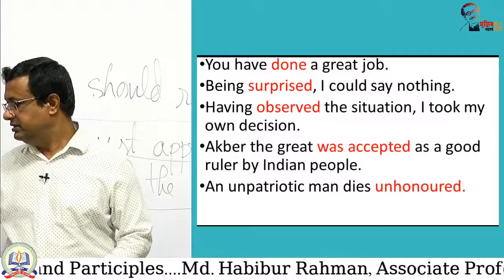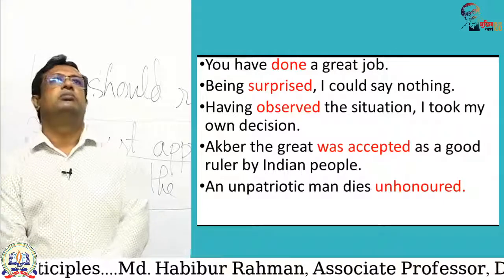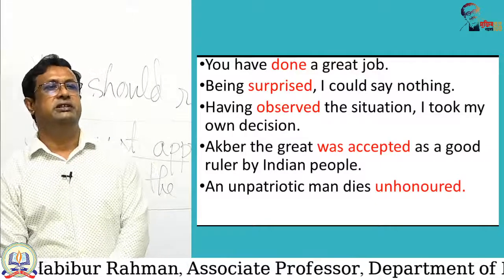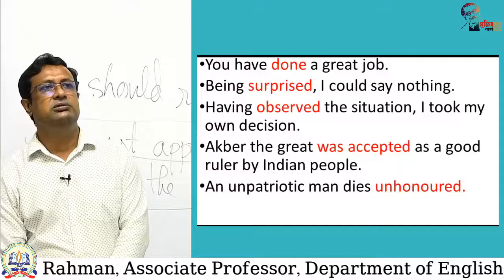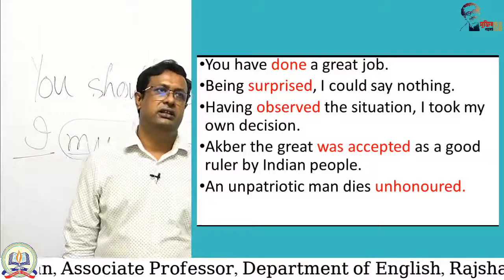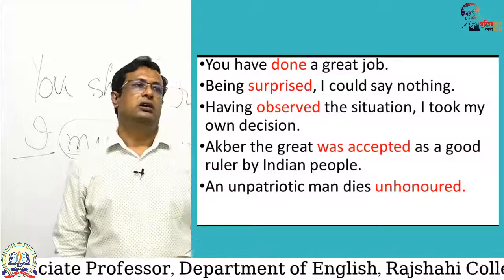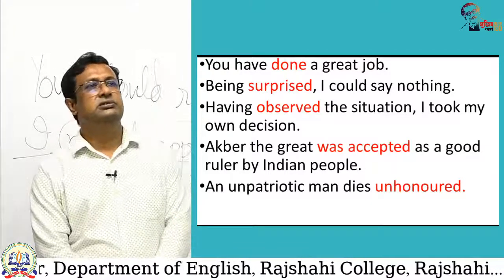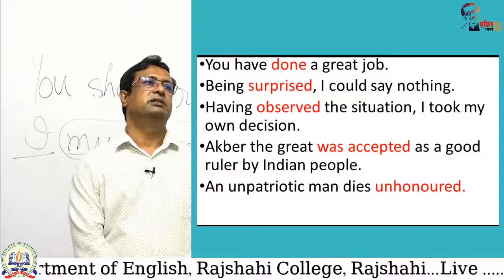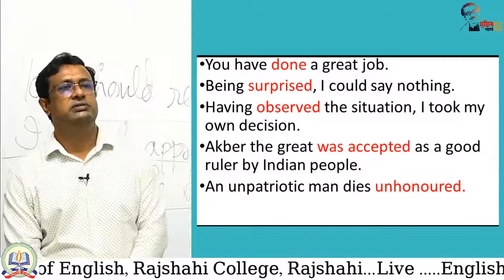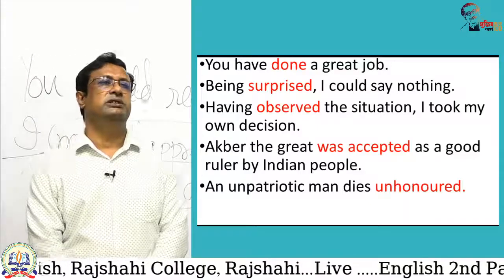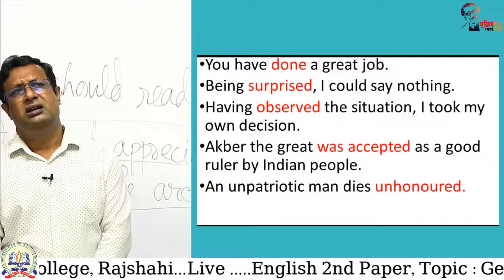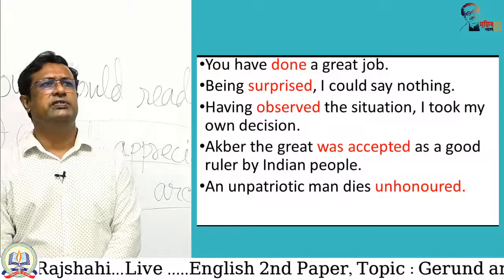So, dear students, firstly we have discussed gerund. Gerund is actually a noun, and gerund is not like the present participle or past participle in use. Its use is quite different from participles. When we look at participles, present participle and past participle, in both cases they are modifiers.